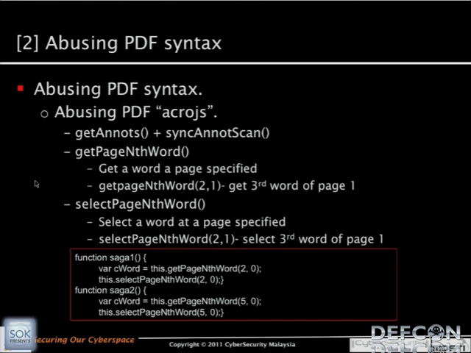For example, getPageNthWord tries to get a word on a specific page, and getPageNthWord with 1, 2 is basically getting the third word of page 1. Then you can select based on page as well. This is normally implemented for obfuscation in PDFs. You can see this one, getPageNumWords and this one, selectPageNum.